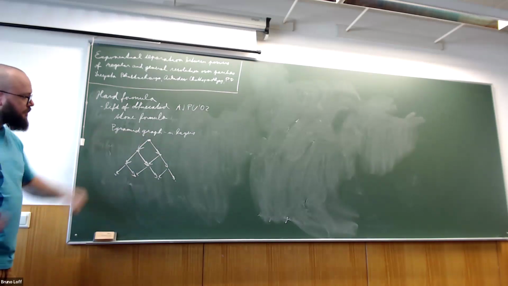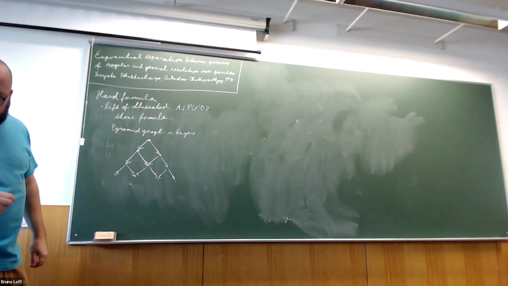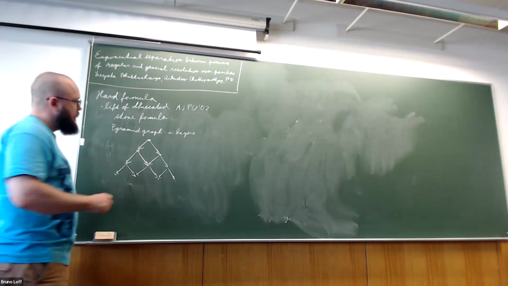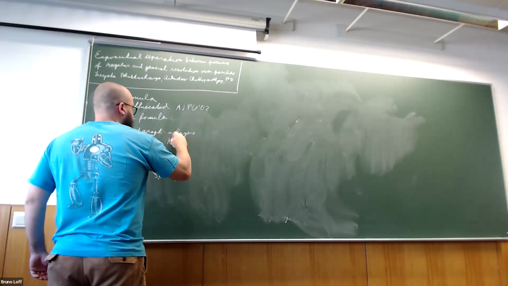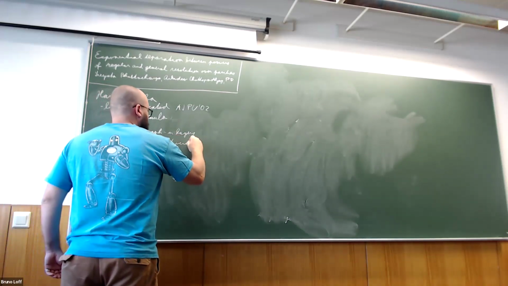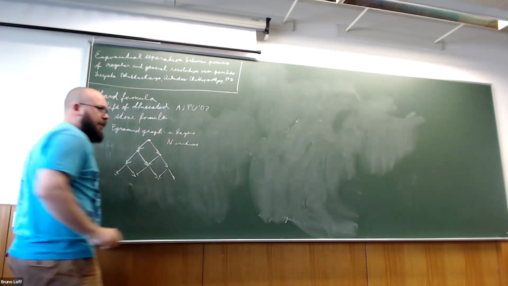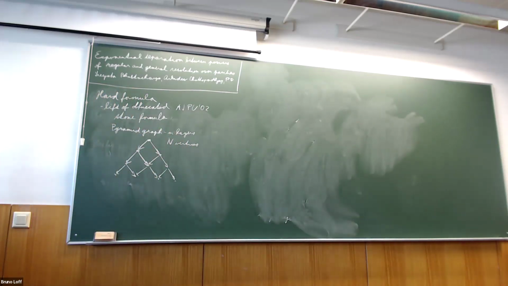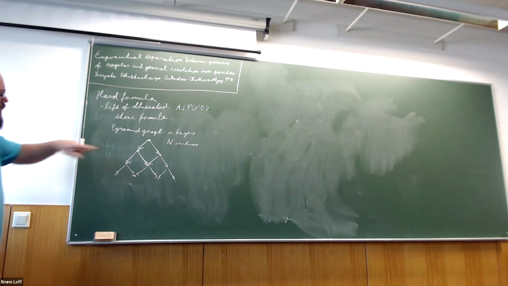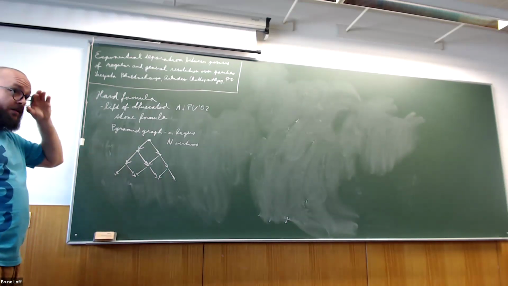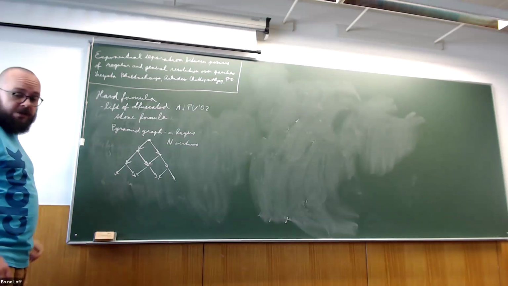So we have n layers and, say, capital M vertices, which is roughly n squared. And on each vertex, we put a stone.